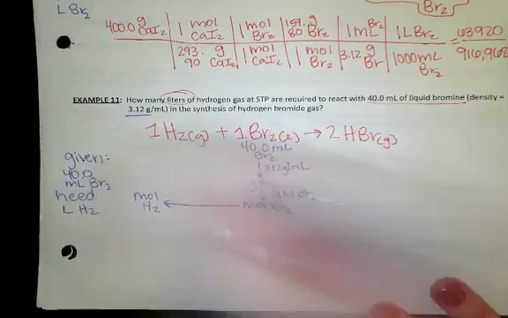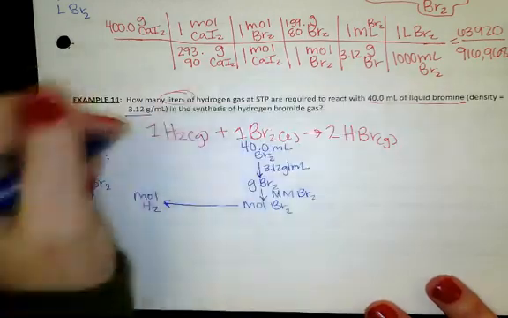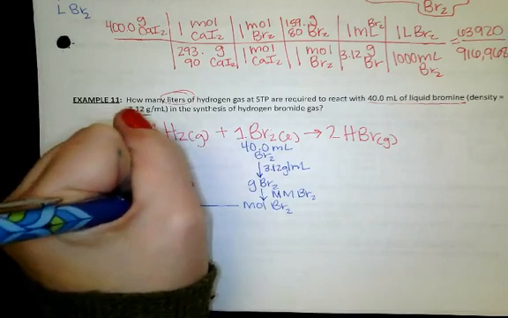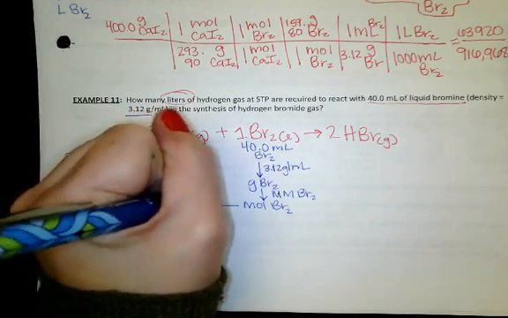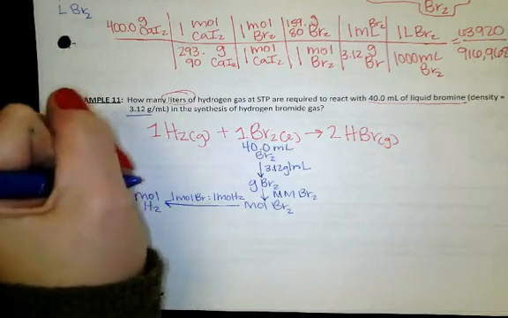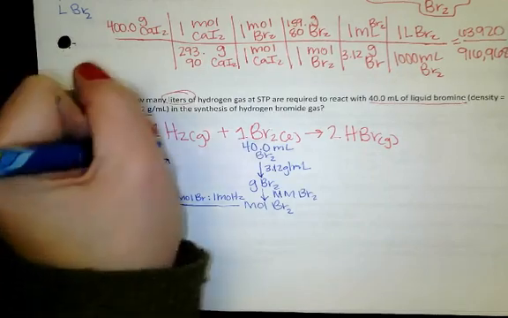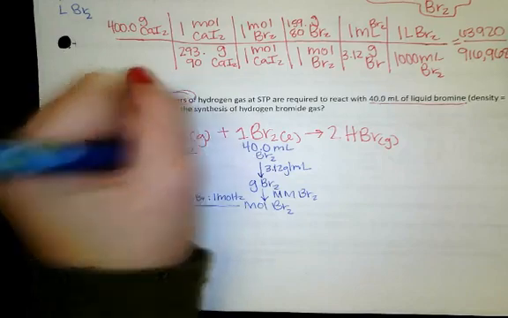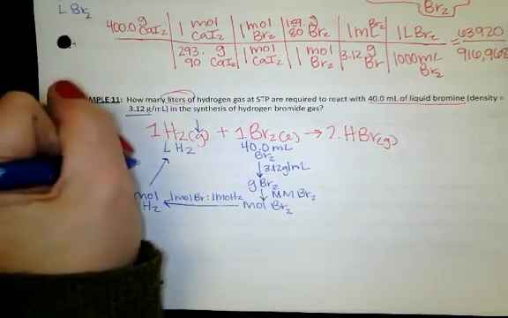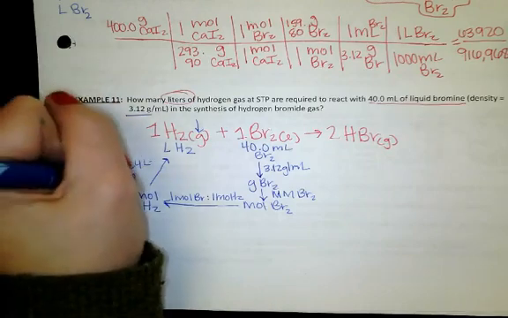So 1 mole of bromine to 1 mole of hydrogen. Okay. Then we're going to go from moles of hydrogen to liters of hydrogen, not using density because this is a gas. We're going to use 22.4 liters equals 1 mole. Okay?